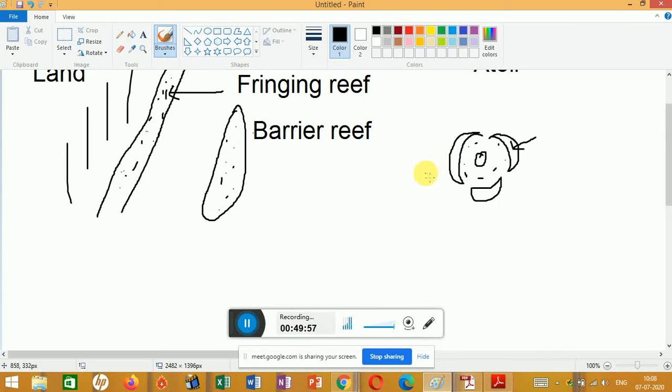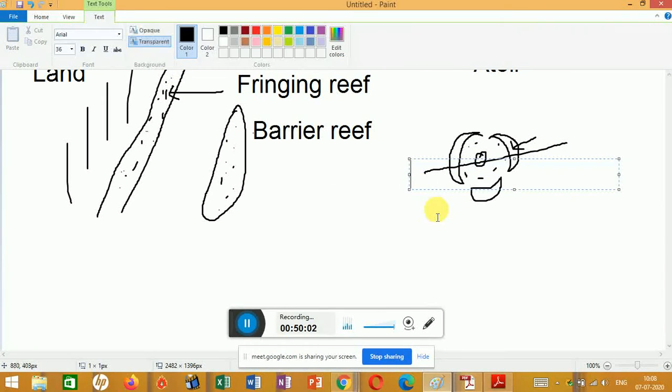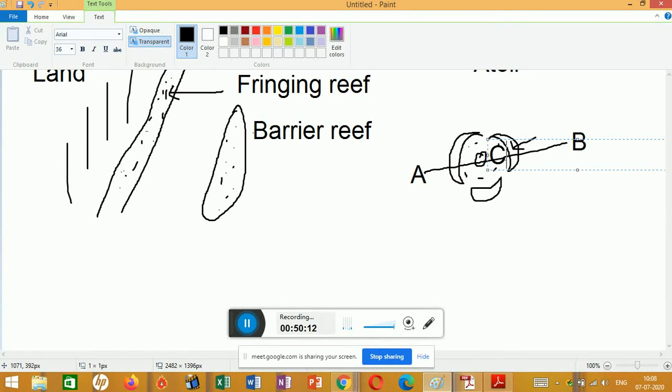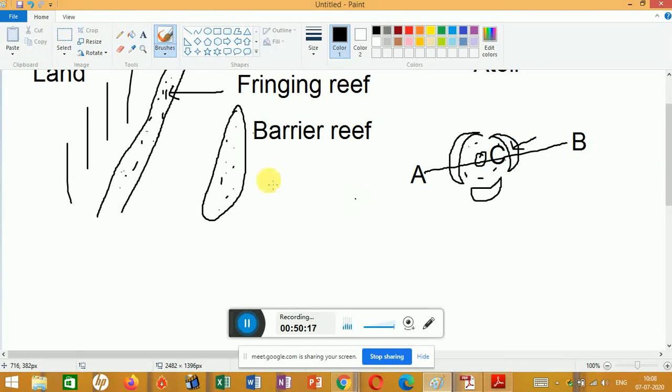If you cut along this line, let us say here A, here let us say B, and here let us say C. If you cut here, it looks like this. And here lies water.